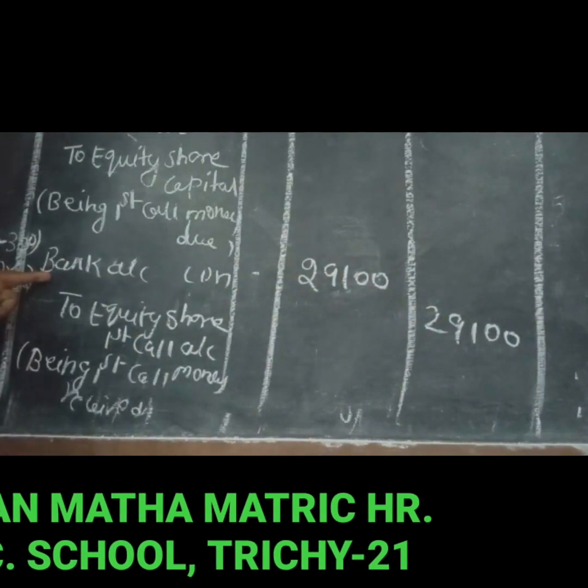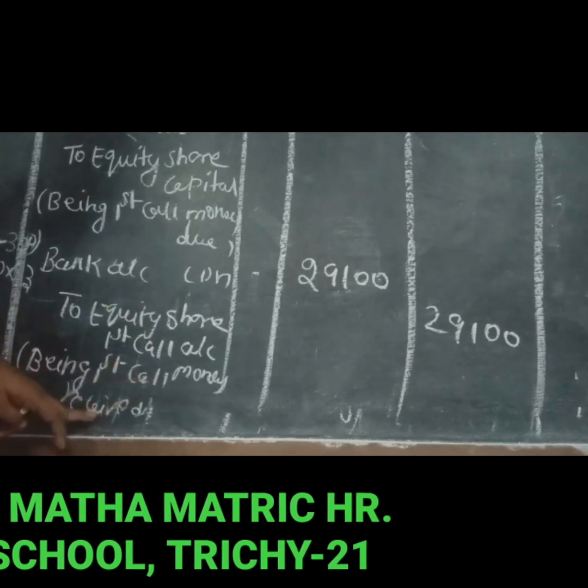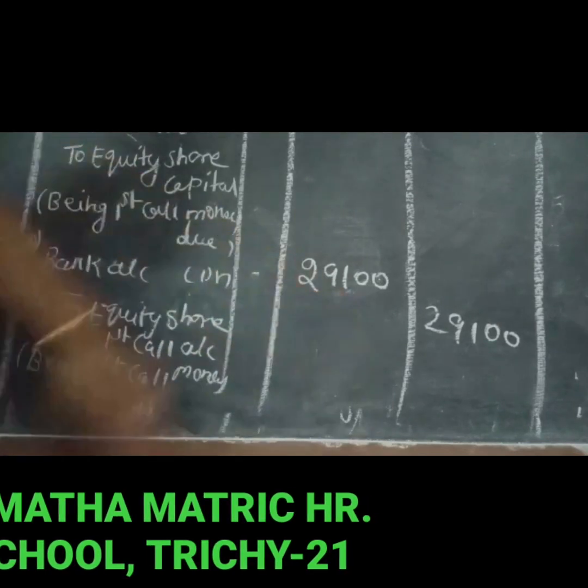Bank account debit to equity share first call account. Narration: first call money is received, only 29,100.